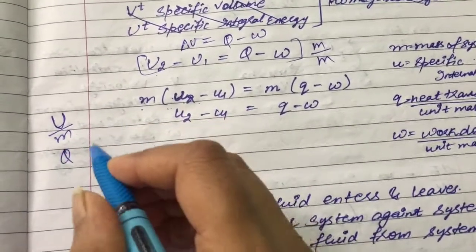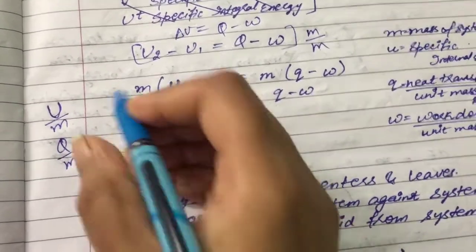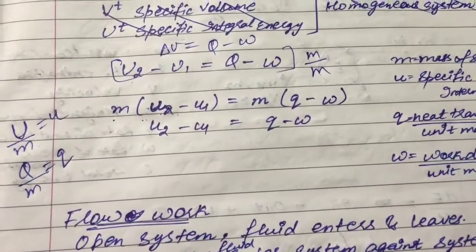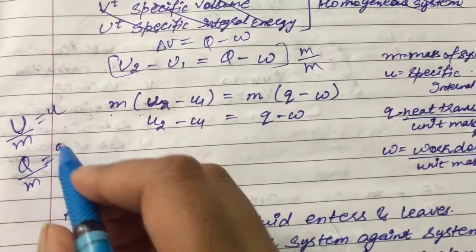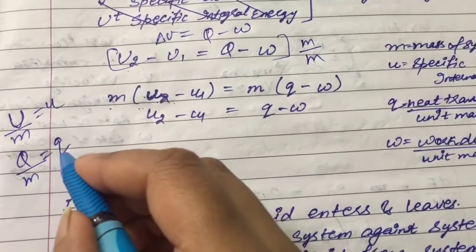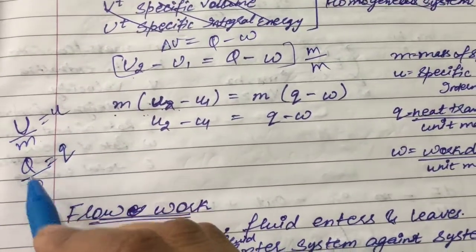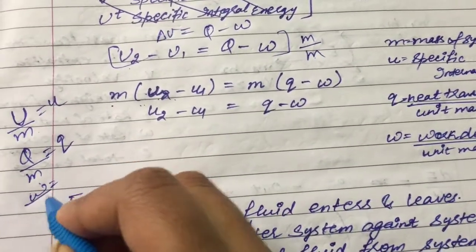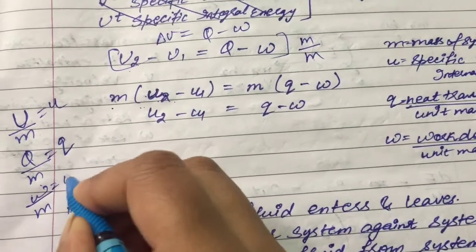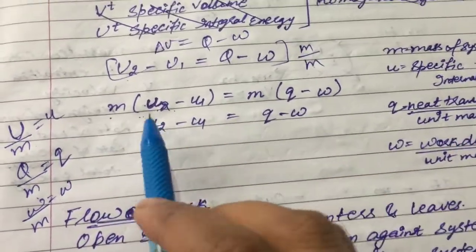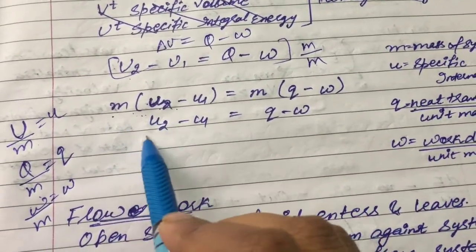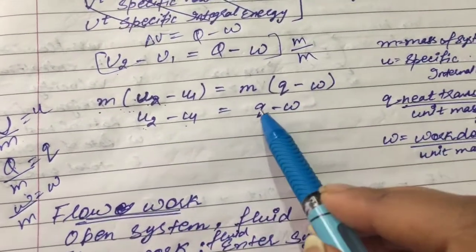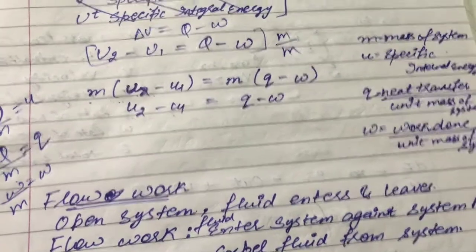When heat is divided by mass, it gives specific heat. Small q is heat transfer per unit mass of system, Q by m, and small w is work done per unit mass. This gives us the equation u2 minus u1 is equal to q minus w.